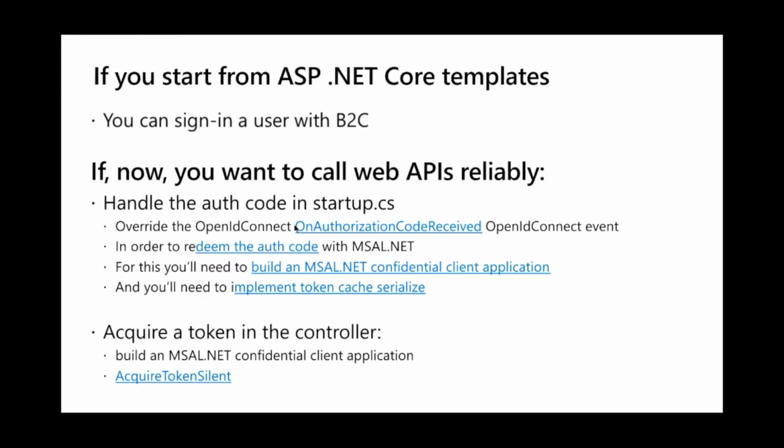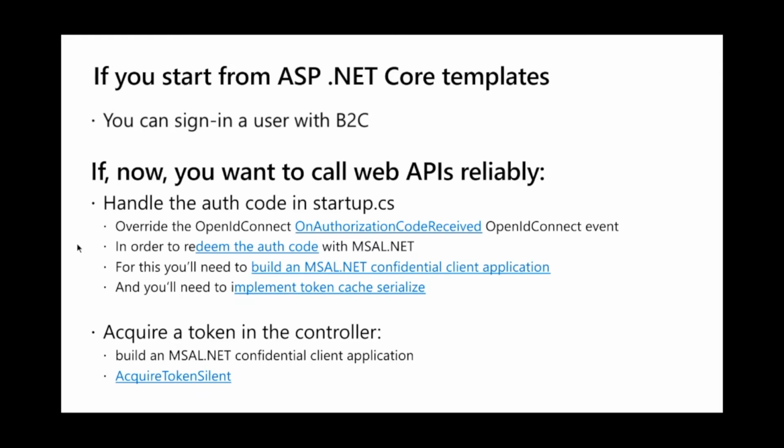And the links to the code examples are here. I'll go through this quickly because you don't need to do this anymore, but I wanted to show you how the experience is different now. So all the code that you'd have to write as the application developer in order to reliably call a web API from the current Visual Studio web app template experience.